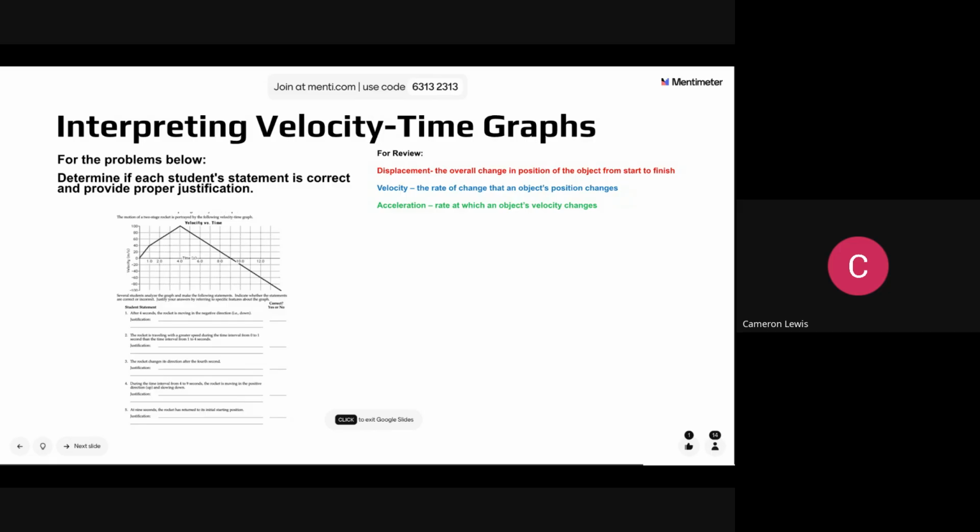Compare from 0 to 1 and how about from 1 to 4? Which one do you think has a greater speed? So 1 looks like it because it's close to the 40, but then from 1 to 4.